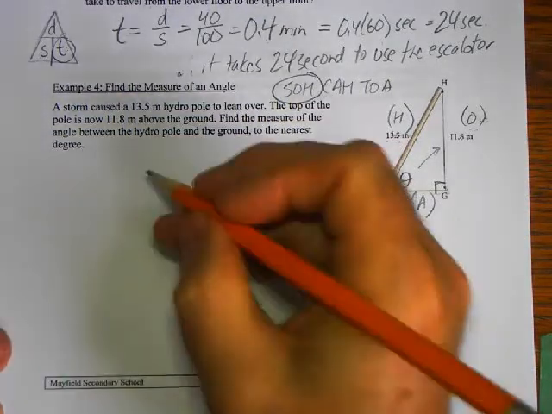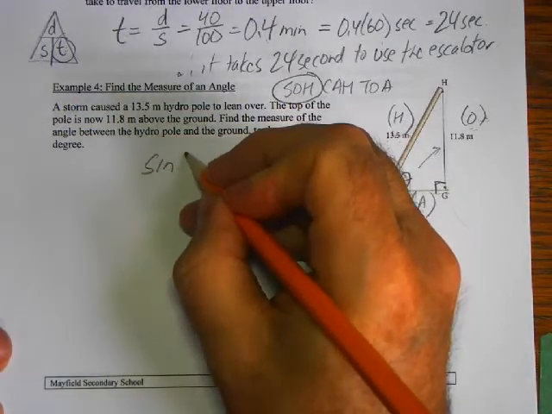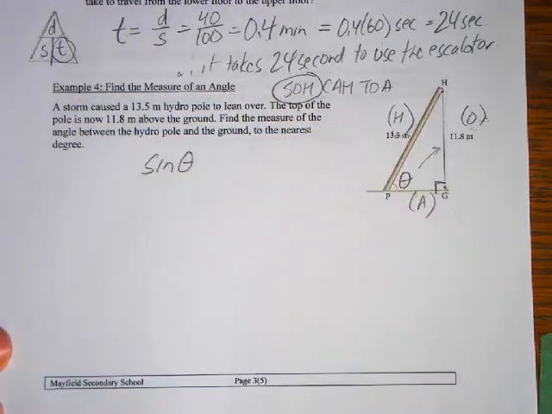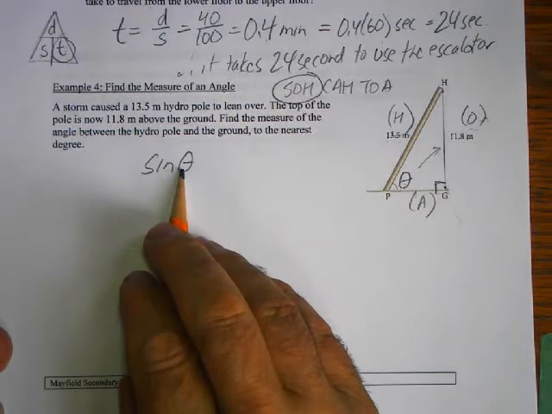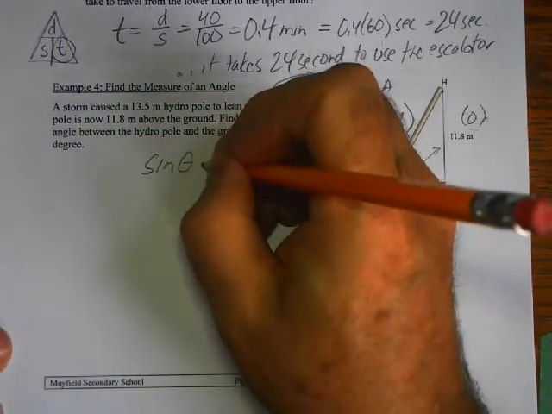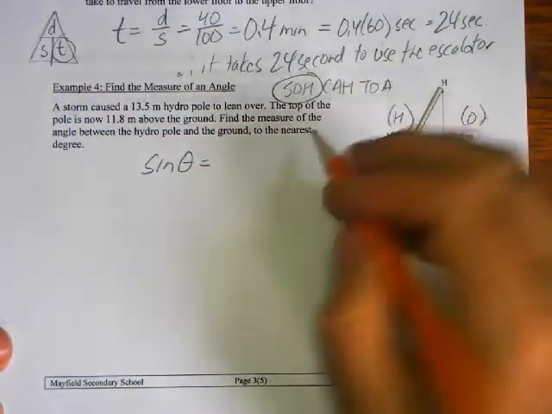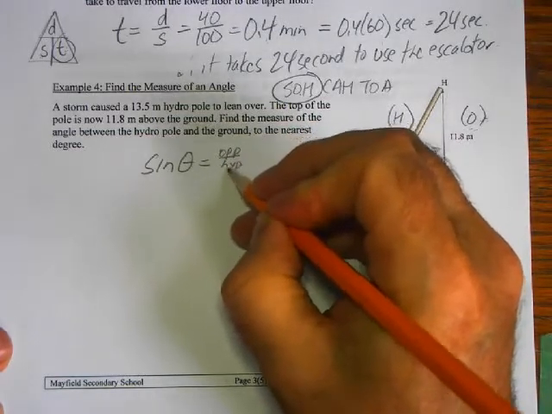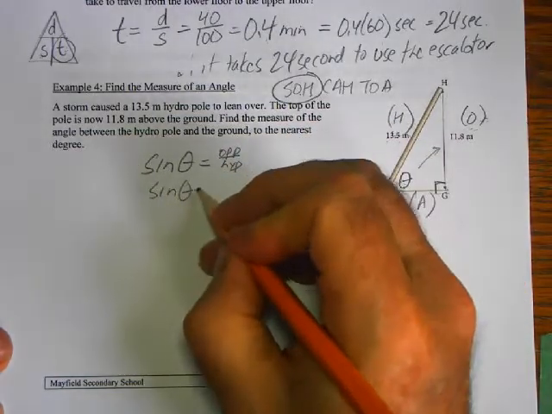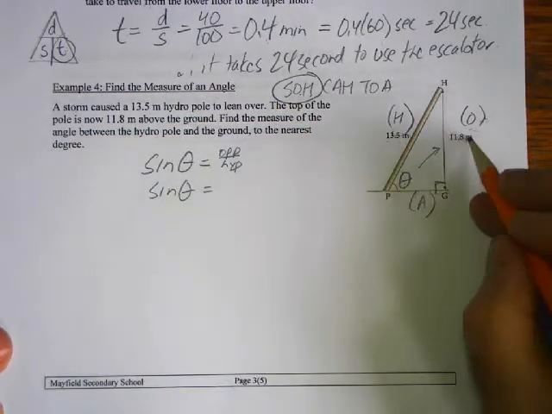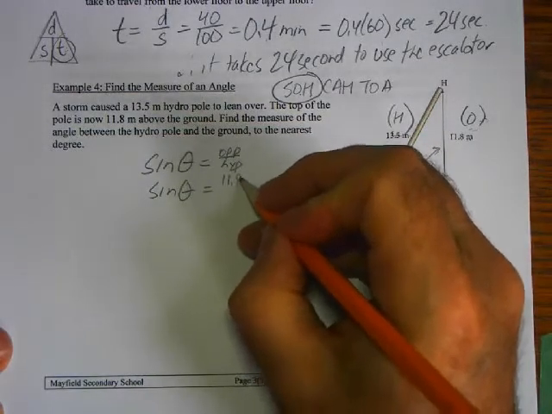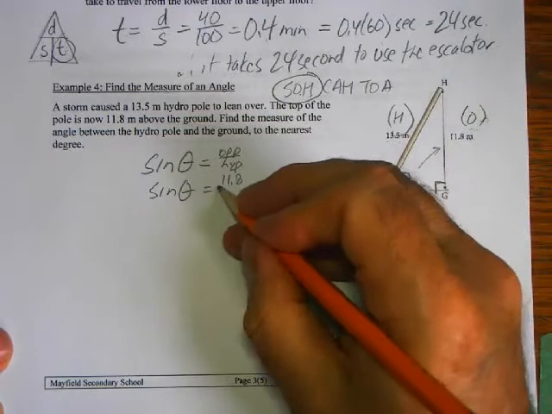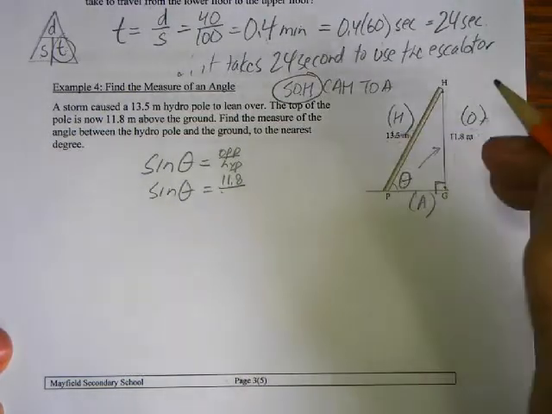This time I write sine theta because I don't know what the angle is. I'm going to solve for that. That's going to be equal to opposite over hypotenuse. So sine theta is equal to 11.8, and make sure your units are the same, otherwise your answer will be wrong, over 13.5 meters.